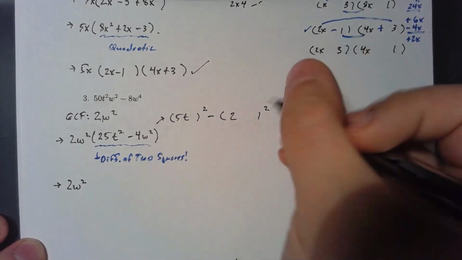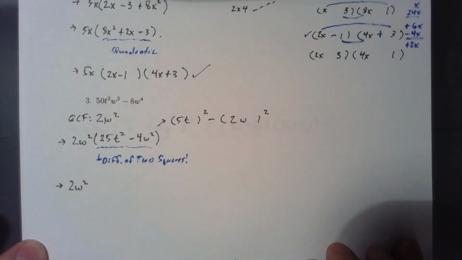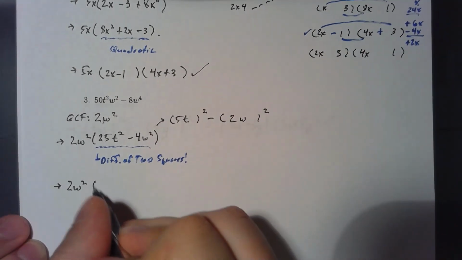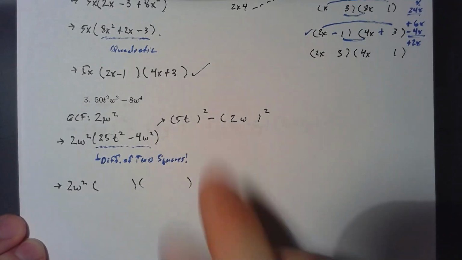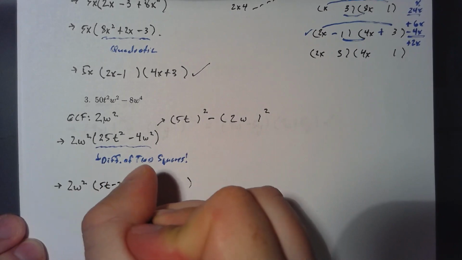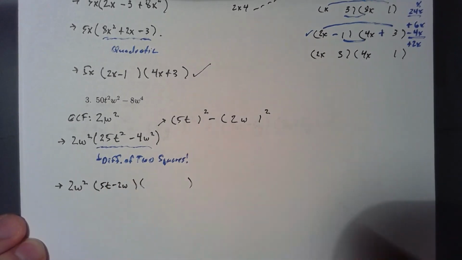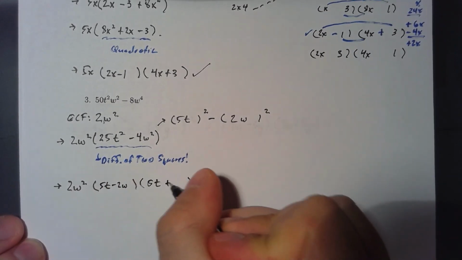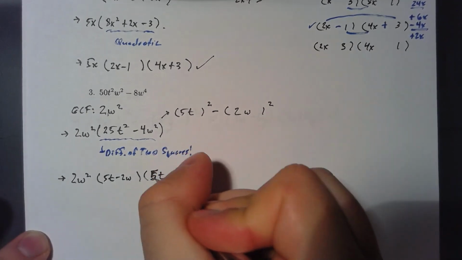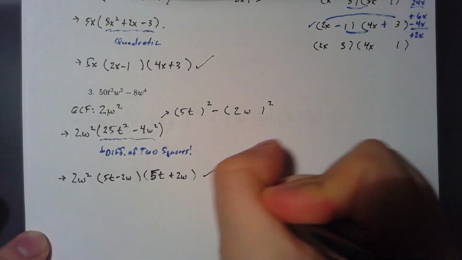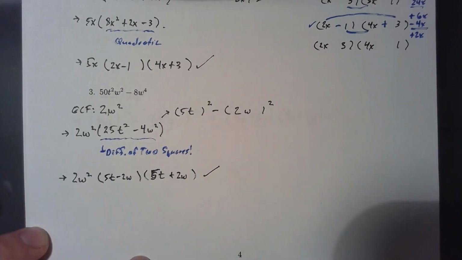And I have w squared, so that's w. So my factors are the following: 5t minus 2w and 5t plus 2w. And that's it. None of these factor any further.